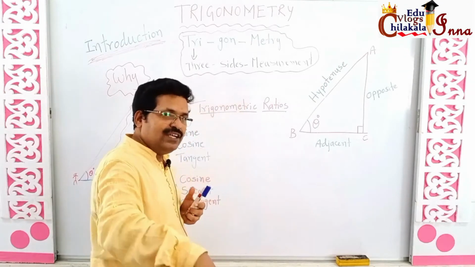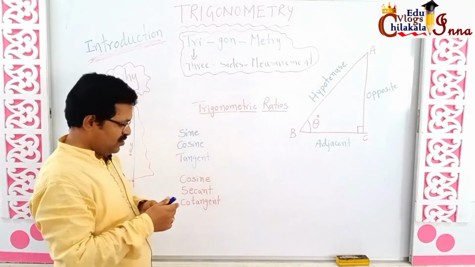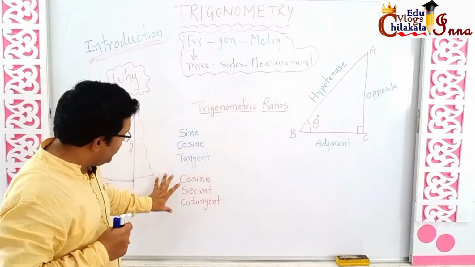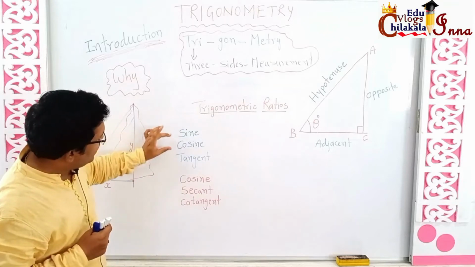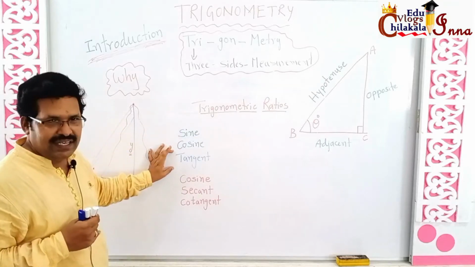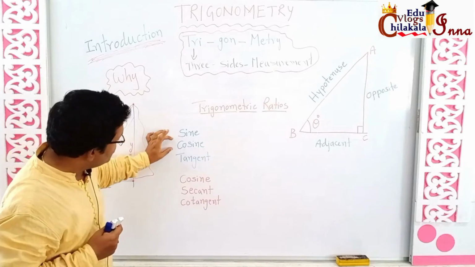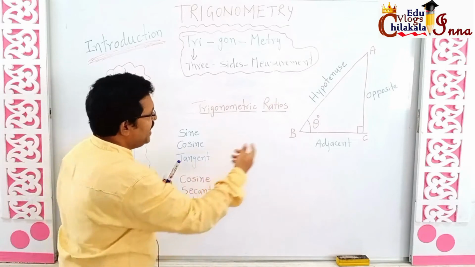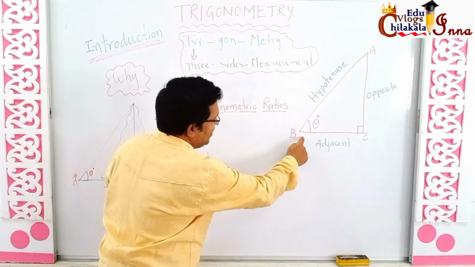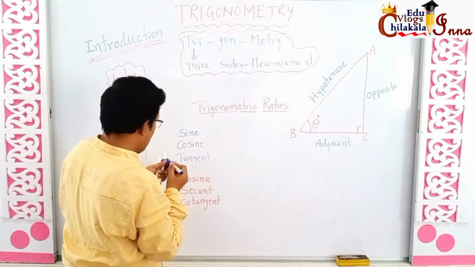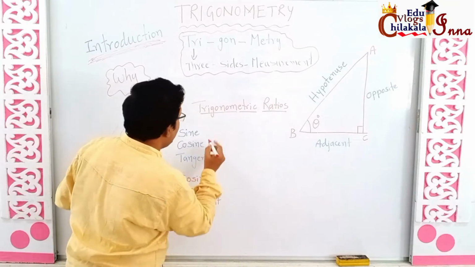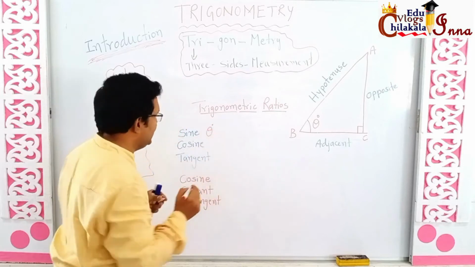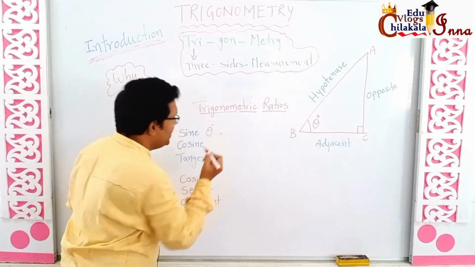Then let us get into the trigonometric ratios. There are only 6 words you should remember: sine, cosine, tangent. Sine of A, sine of B. Let me write sine of theta. So what is this sine of theta?